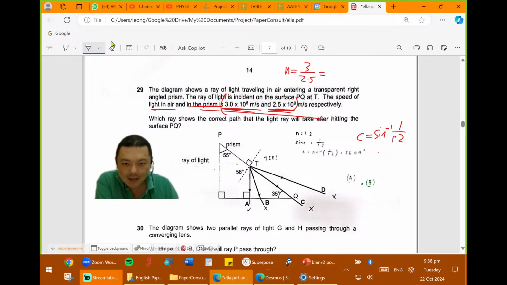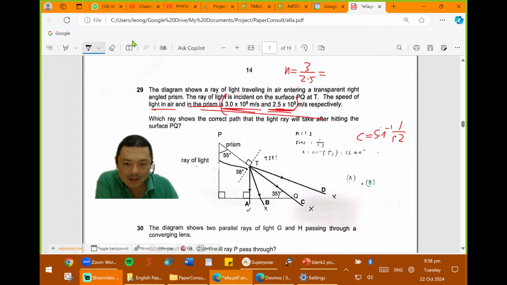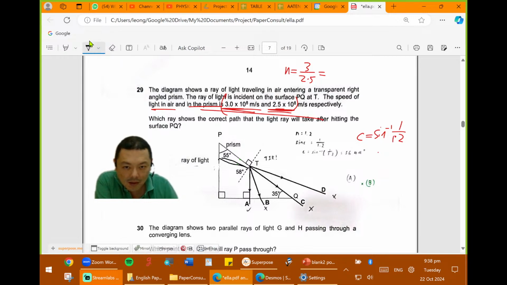Draw one light ray that really does look like it's 58, something like this. Then this would be correct. Understand? Yes, they should have done that. But there is an error in the question. Okay, 29 done.